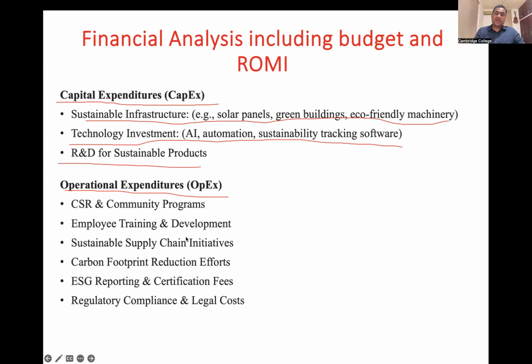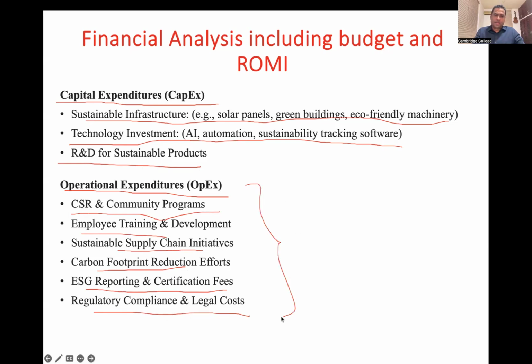For operational expenditures, you can use your budget and spend on CSR and community programs, training and development, supply chain initiatives, carbon footprint reduction efforts, ESG certification fees, regulation and compliant legal costs.